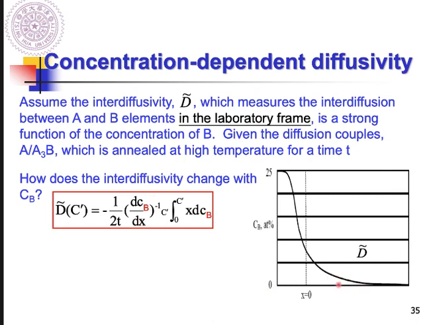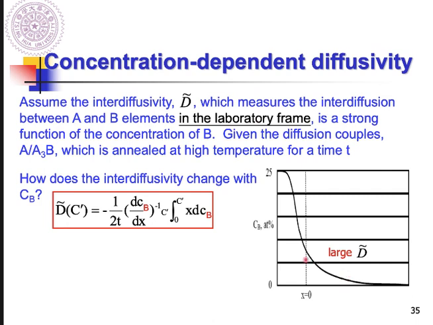And as I mentioned, you can integrate this: the x location times the integral of CB. Then, because the slope is low and the reciprocal of the slope is large, you have a larger diffusivity at low CB.